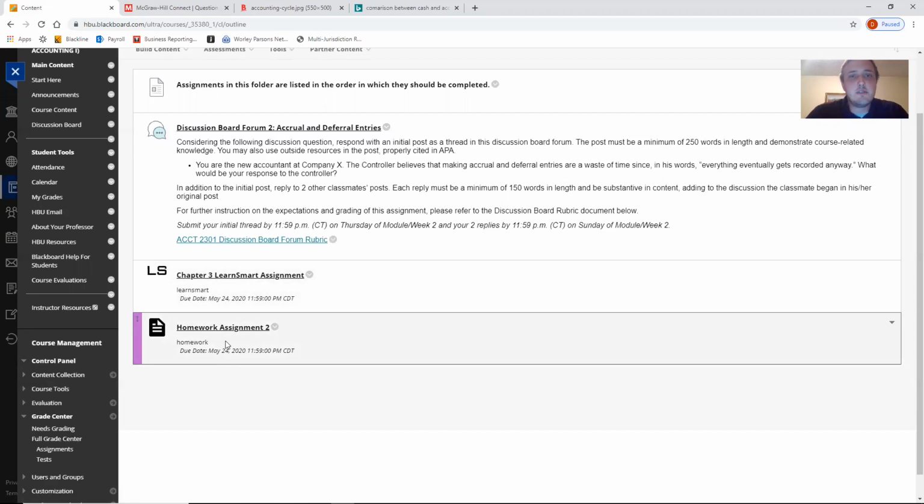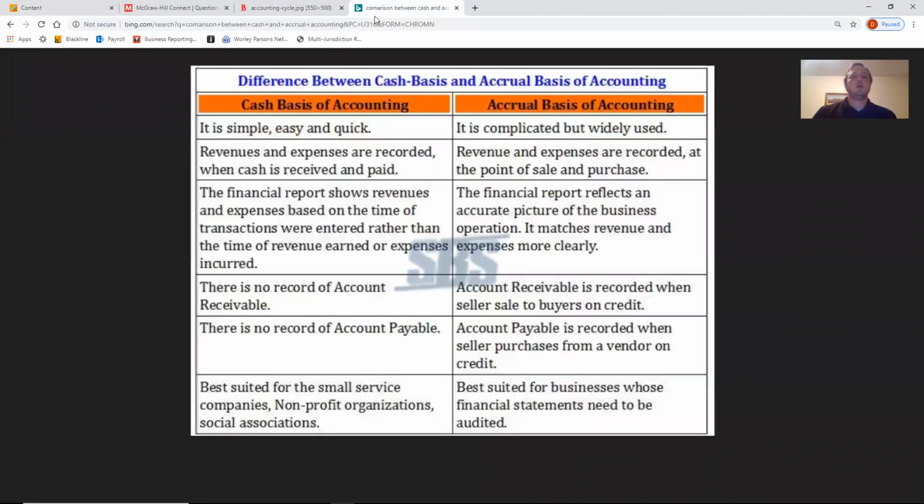So for the discussion board tonight, your conversation is going to be around whether or not a company should move from the accrual to the cash basis, or which one's the most appropriate. So I want to make sure that y'all understand the difference between the cash and the accrual. So cash basis, everything's going to be recorded when the cash actually changes hands.